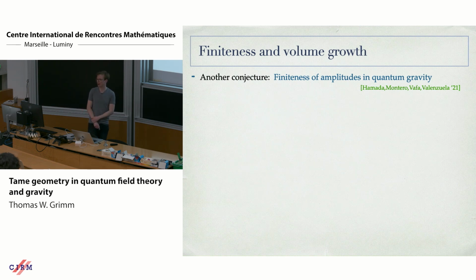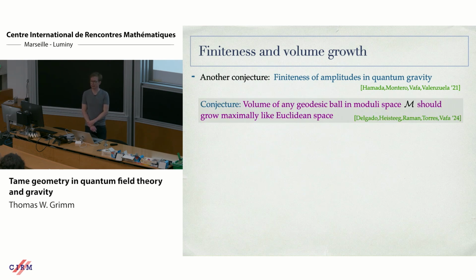You now all know what amplitudes are, some complicated functions, and these are supposed to be finite in quantum gravity, and finite really means they don't go to infinity. And last year, this was translated into some properties of geodesic balls inside of moduli spaces. Namely, that these geodesic balls should grow maximally like a Euclidean space.